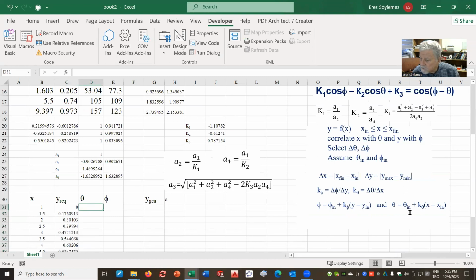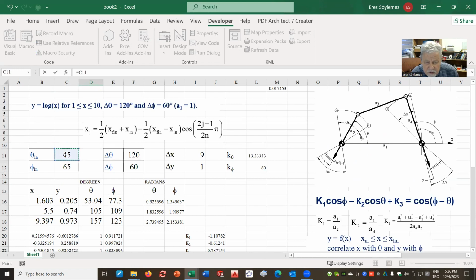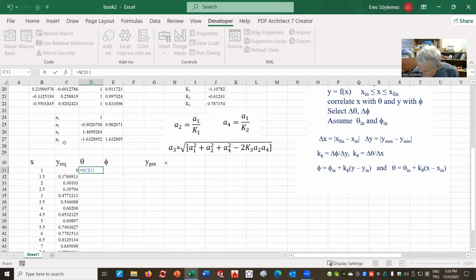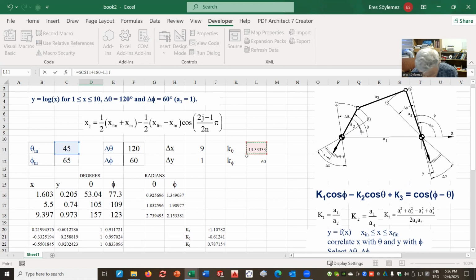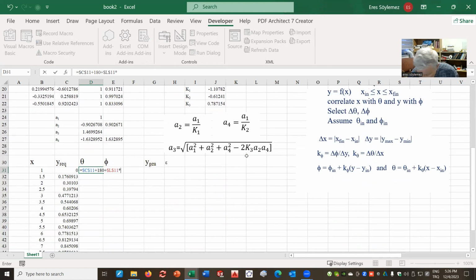Theta, I have this formula, is equal to, now, since this is negative, I will add 180 degrees to theta initial, is equal to theta initial, I'll press F4, plus 180, I'm doing it in degrees, sorry, plus K5, again F4, times open up parentheses, x minus x initial, press F4.